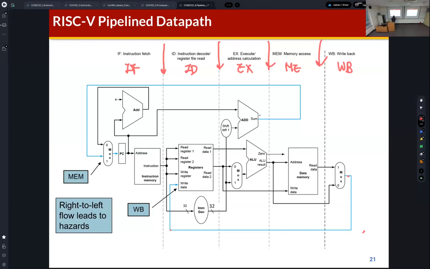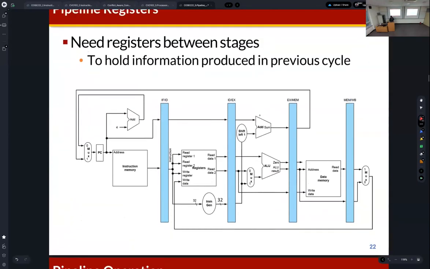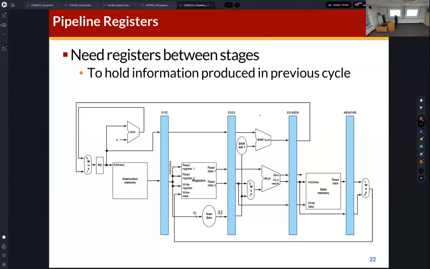And then how can we implement a pipelined processor? Firstly, we need to use the pipeline register. This is called a register, but actually it is a group of flip-flops. You need to understand that these registers are not architectural registers.